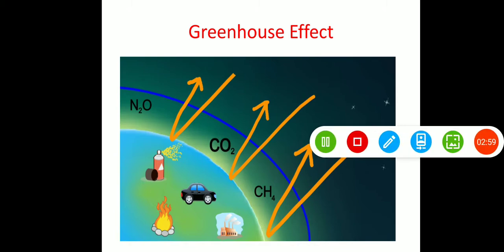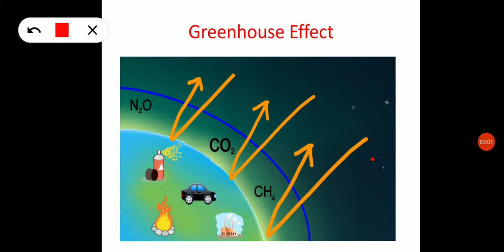Here you can see in the image, part of the radiation has been absorbed by the earth, and part has been reflected back into space. This reflected radiation is trapped by the atmosphere. The trapped radiation warms the earth. This is known as the greenhouse effect.